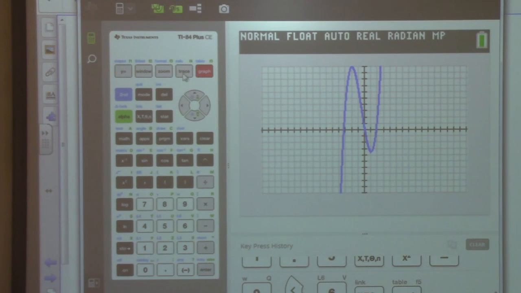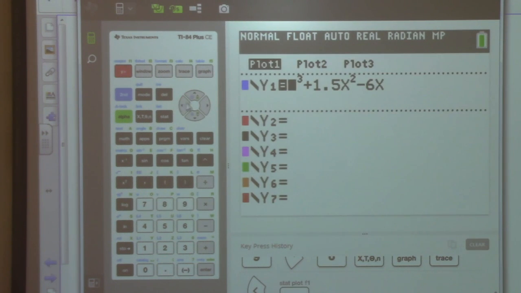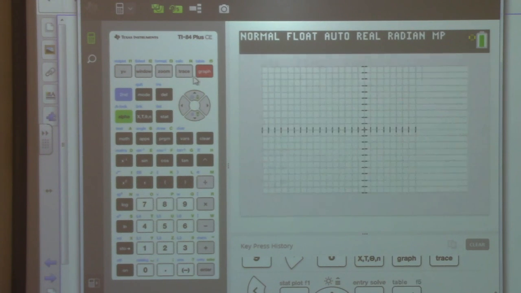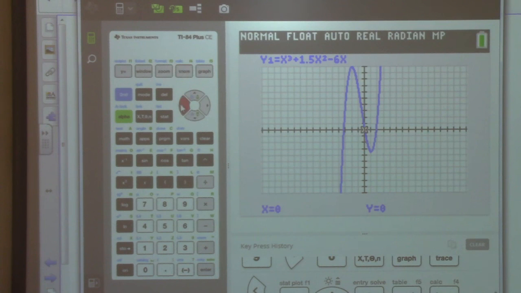Well, how did you do that? If you just press trace, you can go up here. Let me get rid of this. Now I'll go to trace. So now we have the cursor.